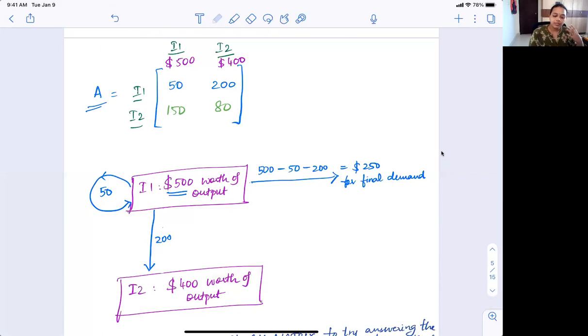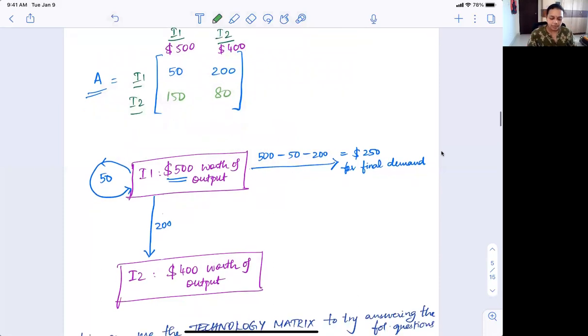And can we think of a similar set of numbers for the second industry? Absolutely. Now the second industry produces $400 worth of output, and it uses about $80 worth of output to produce its own product, meaning this $80 goes from I2 to I2 and is cycled back.